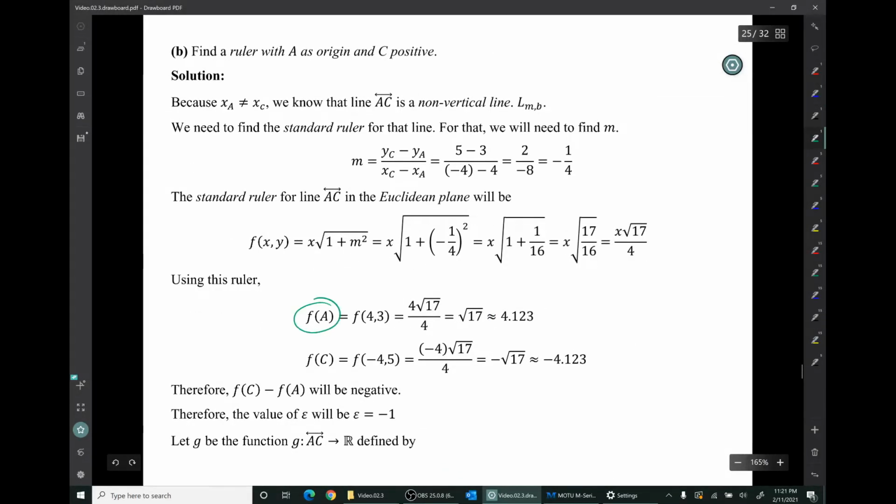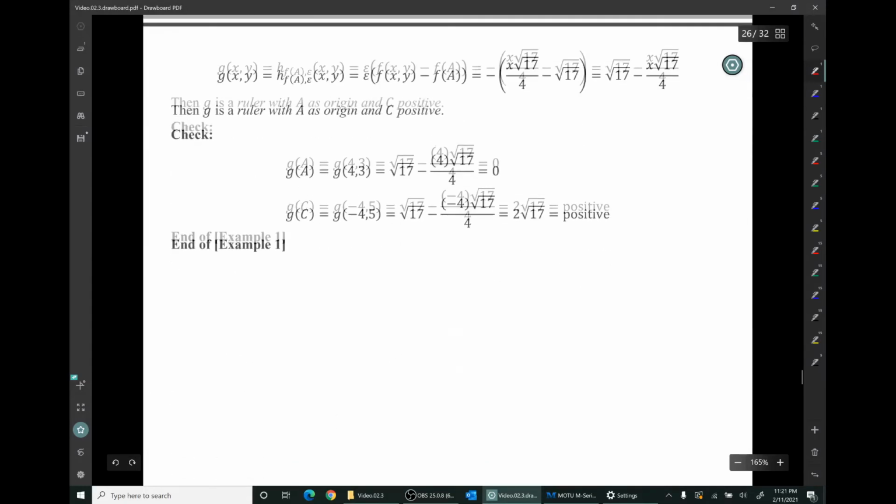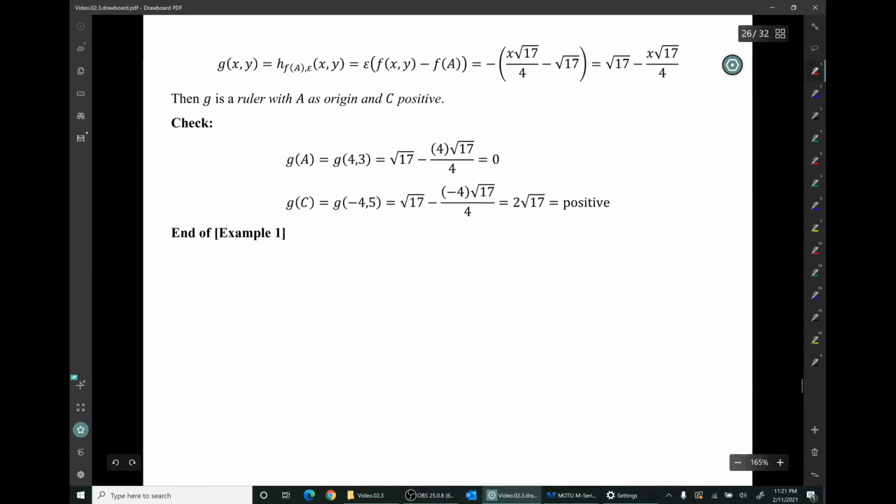So we have our f of a there, and our epsilon is there. And we're going to build our function g this way. We put the epsilon out front, we put our f of a here, and then our f of x, y is there. So our epsilon is this negative 1, our f of a is this number square root of 17, and then there's the formula for our standard ruler. That's what f of x, y is.